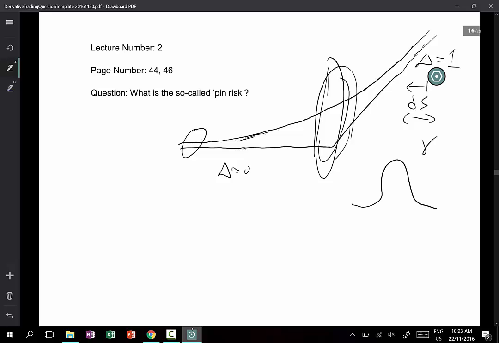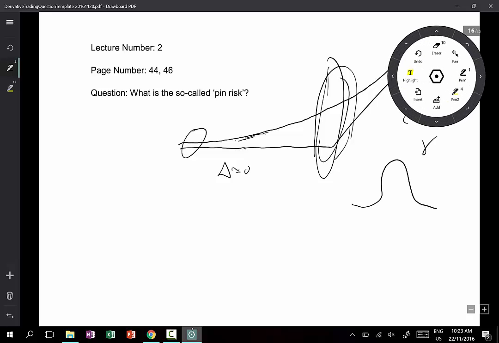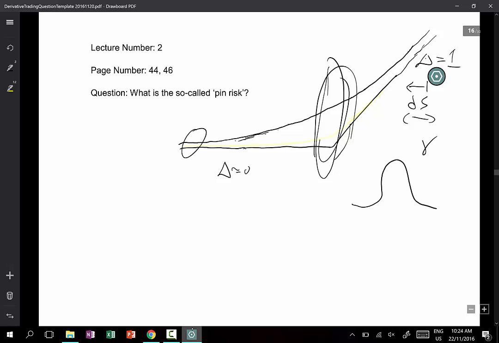When an option is near expiry, I'm going to draw that here, yellow line. I hope you can see this.